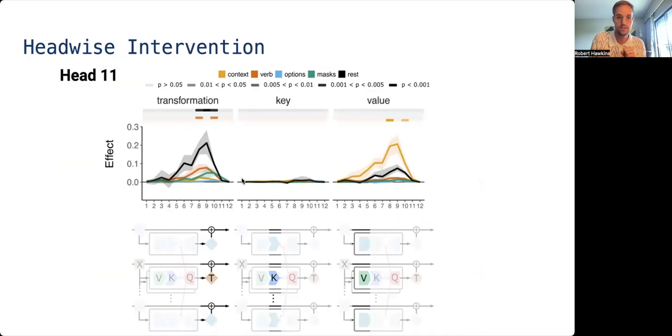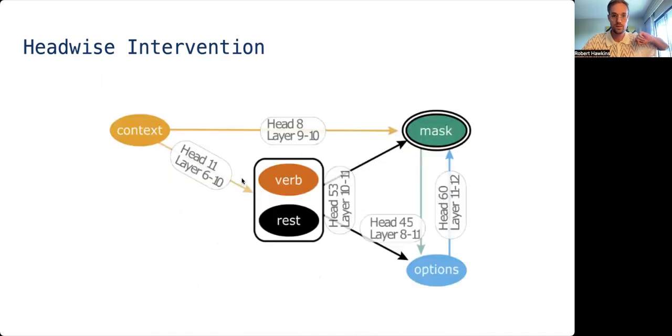from the context to the rest. And you can see this because if you zap the information being exported at the context token, you get the same effect as zapping the output of this head at the rest of the sentence tokens. And we find other heads that perform similar kinds of operations on different information pathways.